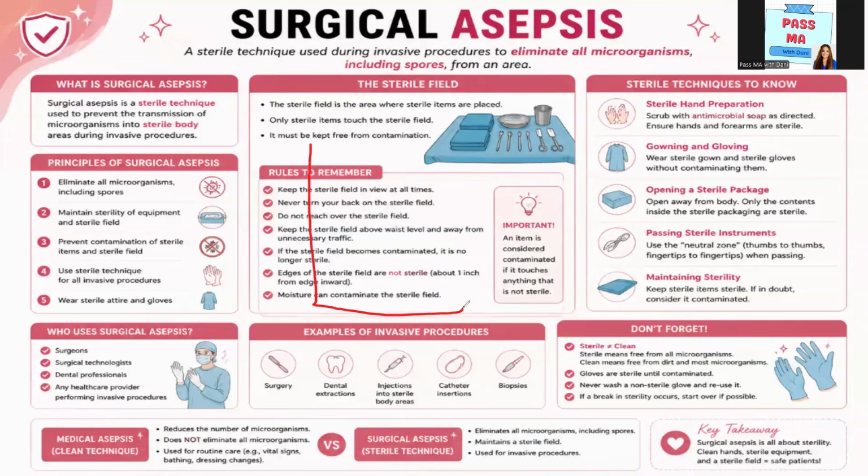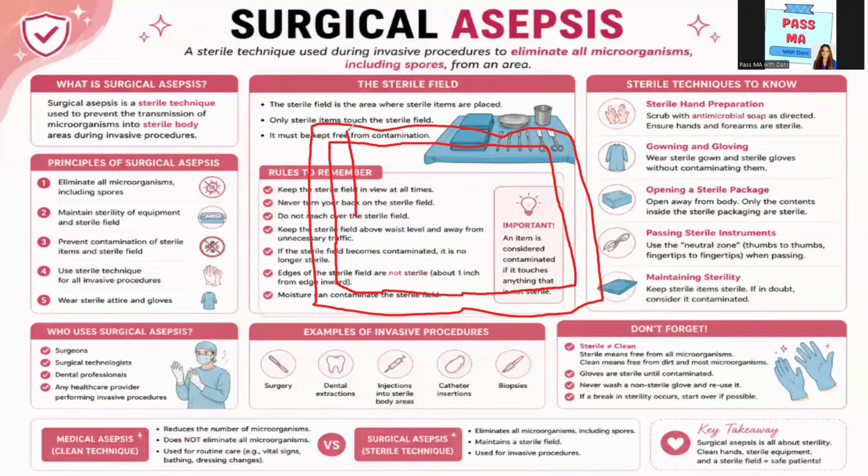So let's say, and I'm writing on our slide, this is our sterile field. When I say that you cannot put anything within that 1 inch border, it is the 1 inch border that goes around the sterile field. So if you have an instrument and it goes in that 1 inch border, guess what? This is now considered to be contaminated.